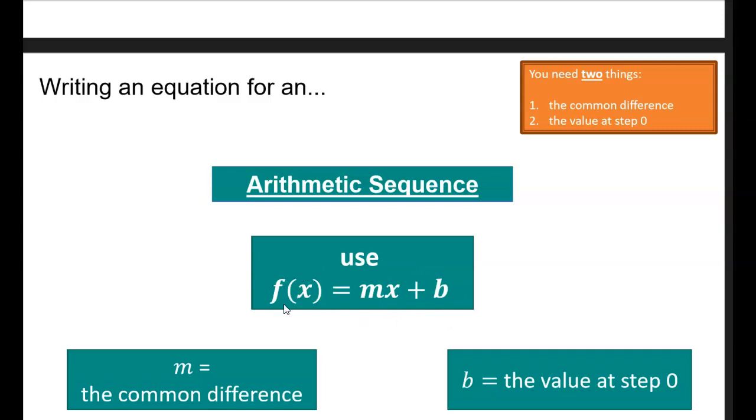Now, does this look familiar at all to anybody? Does this look like maybe an equation of a line we've seen before? This is what's known as slope-intercept form, because the m is the slope and the b is the y-intercept.